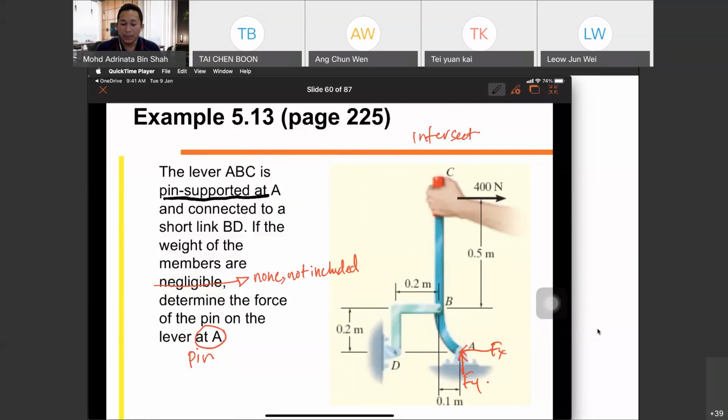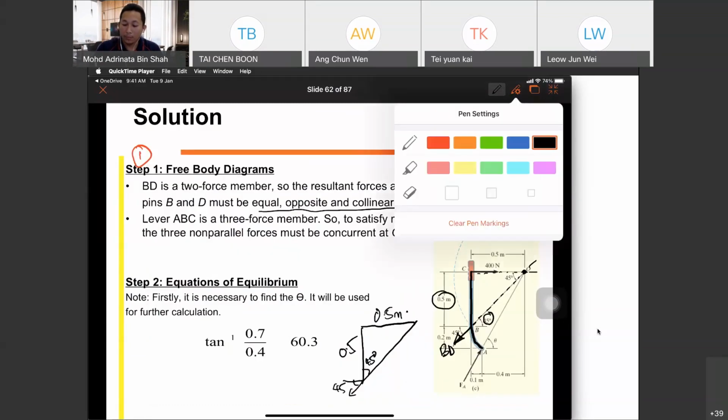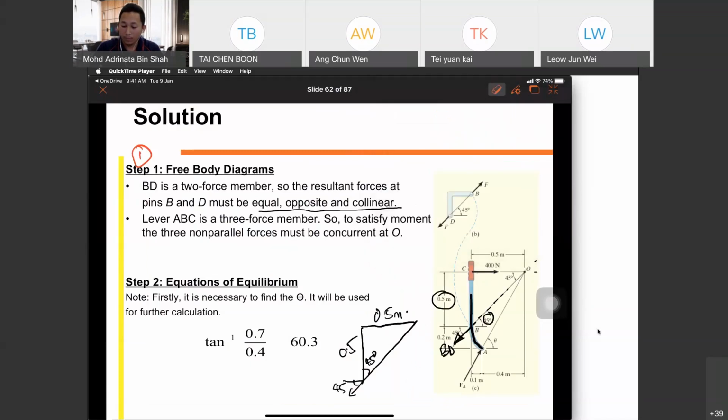So from that, the intersection of point O is 0.5 meter from C. So this is the triangle with 45 degree.